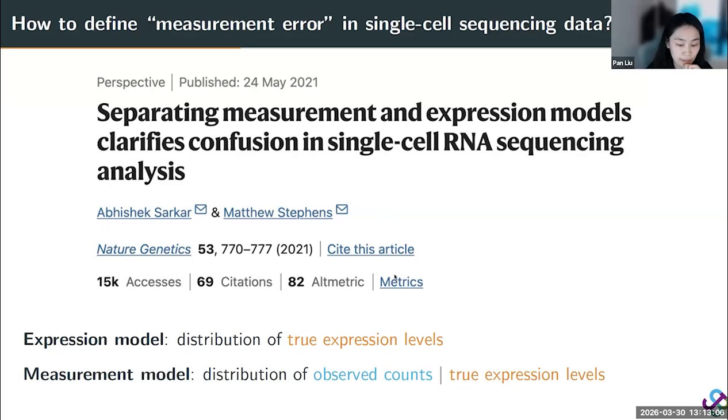And the two together give us a model from which we can get our observed data. Or more specifically, an expression model describes the features' true expression levels in cells, while the measurement model is literally like a conditional distribution. That is, given the cell's true expression, what are the observed counts we can get in our data.